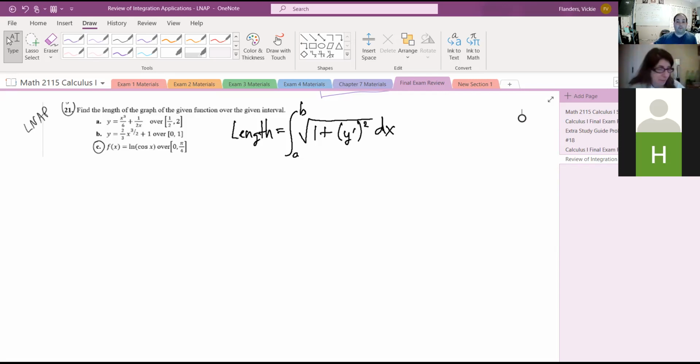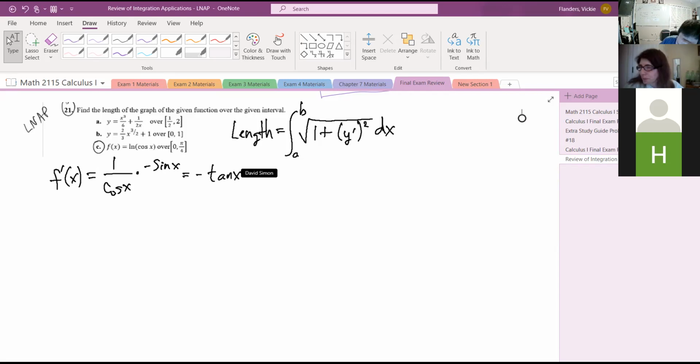Sorry. No problem. I've already written the formula there. What I need is the derivative. The derivative of ln is 1 over whatever's there, then chain rule times the derivative of the inside, which would be negative sine. So my derivative is just the negative tangent of x.